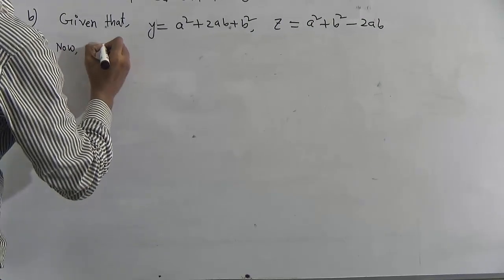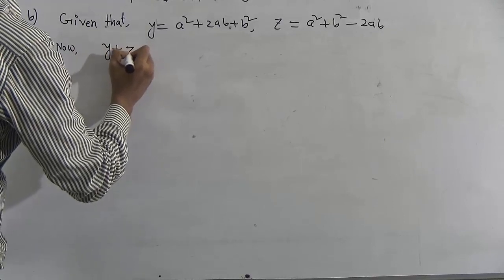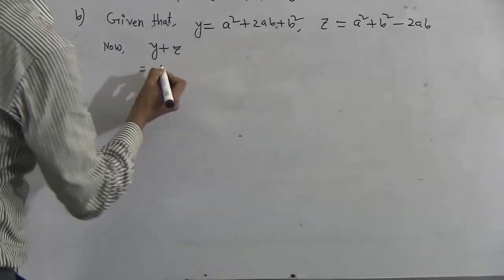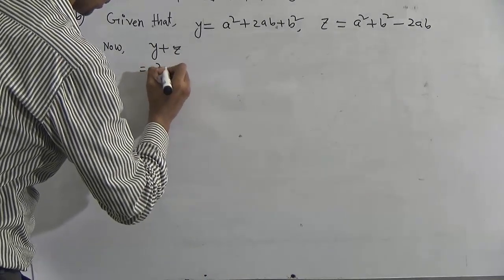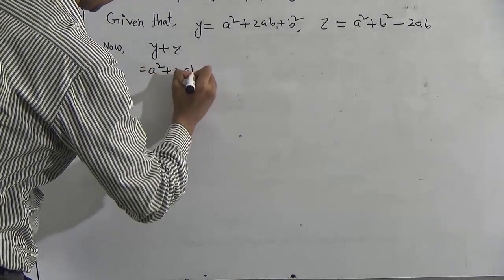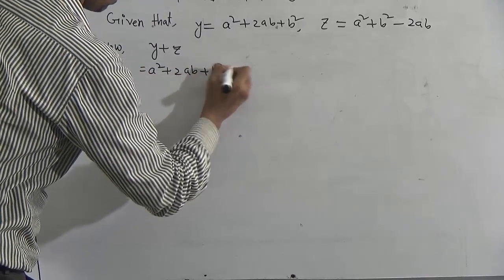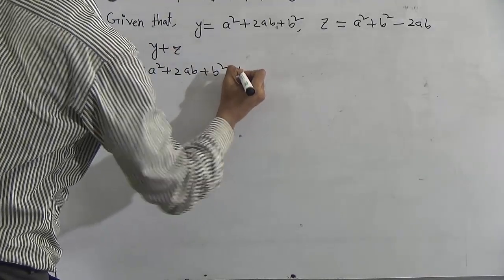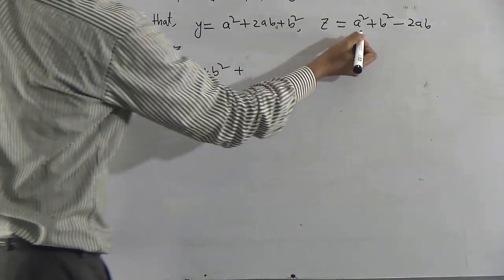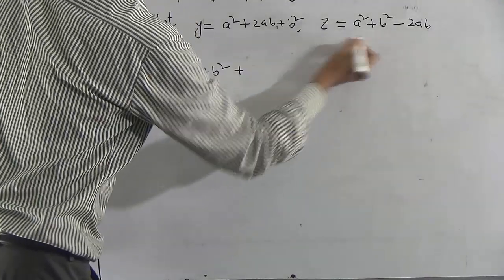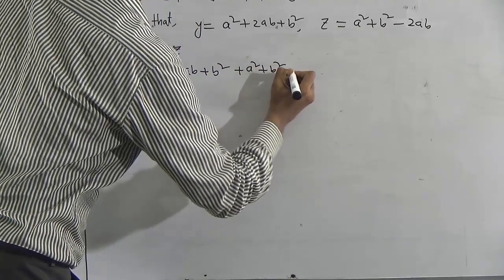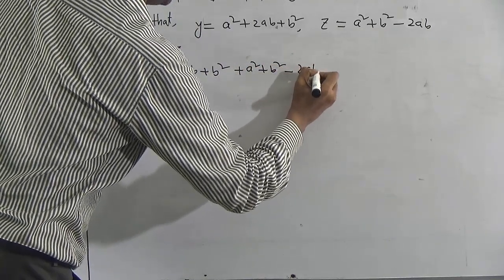At first we will determine the sum. Now y plus z, right? Put the value of y equal to a square plus twice ab plus b square, plus, you put the plus, then z equal to a square plus b square minus 2ab.